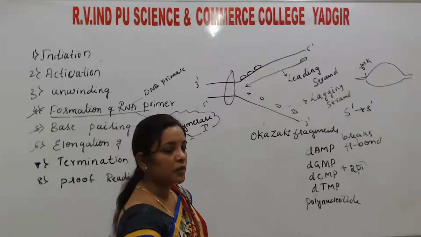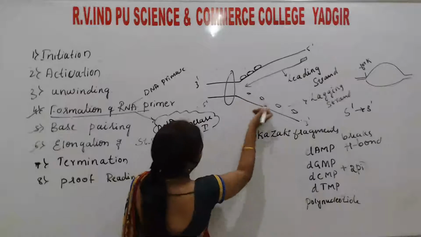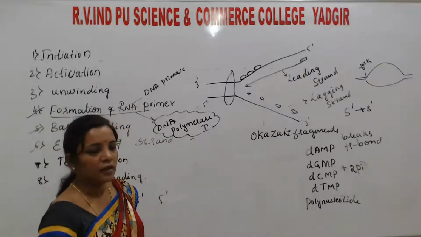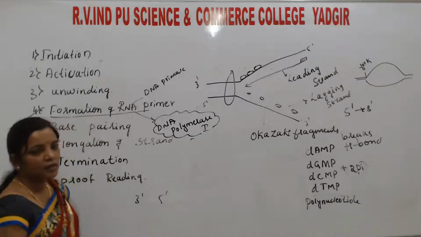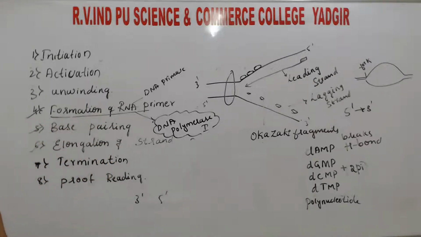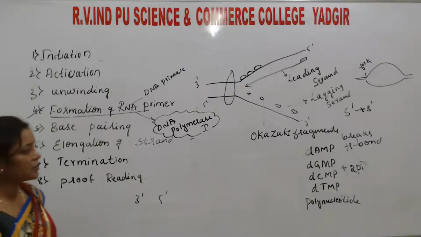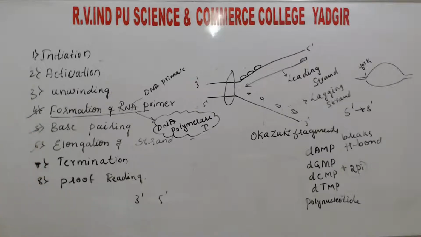Which enzyme is responsible for joining these fragments on the lagging strand? After joining, it becomes a continuous strand. What enzyme do we have to add? On the second DNA, it is discontinuous, as I told you, and the small fragments have an RNA primer present.